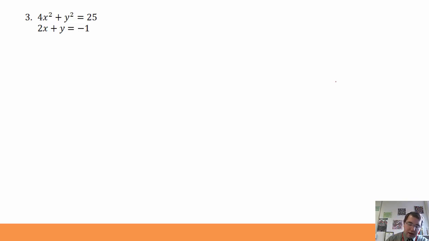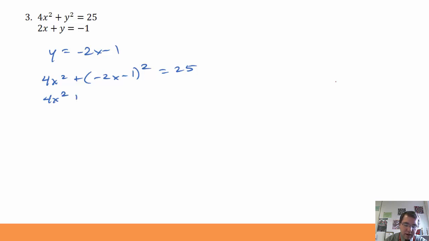So let's say I take the line, and let's solve that for y. So y would be negative 2x minus 1. We could substitute that into the first equation for y. 4x squared plus, and I'll take negative 2x minus 1, and I'll square the whole thing, and that equals 25. Now squaring that whole thing means I'm going to FOIL it out. So I've got 4x squared plus negative 2x quantity squared is positive 4x squared.